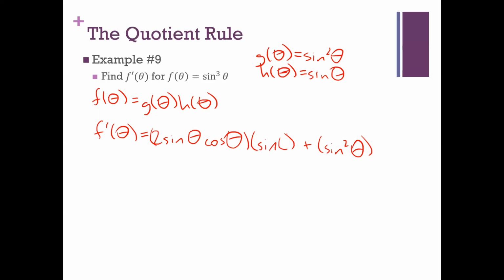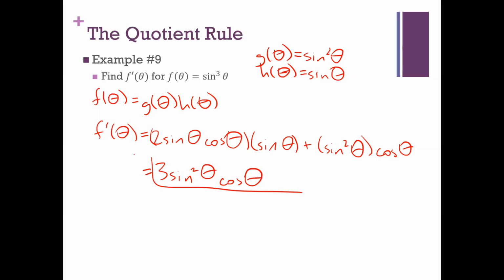Don't let me do it. All right. Plus sine squared theta cosine theta, right? How does this simplify? Should be 3 sine squared theta cosine theta.